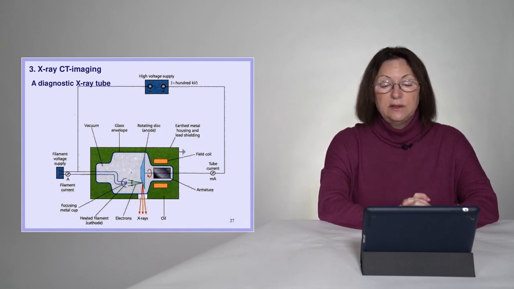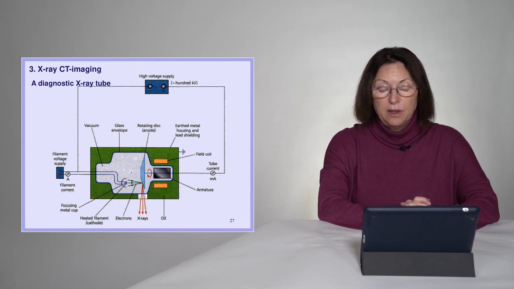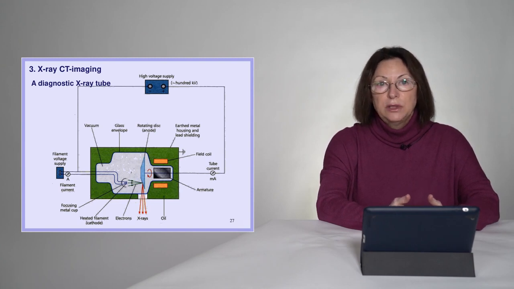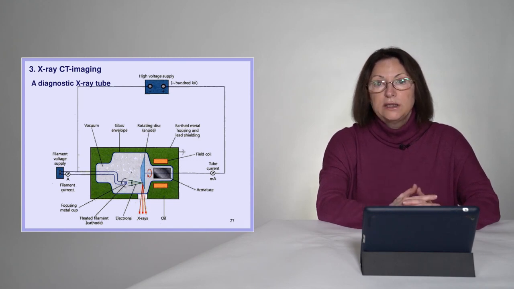We start the third lecture point, the X-ray CT imaging. But before we talk about medical imaging implementing the X radiation, let's consider what is the nature of X radiation and how it is generated.